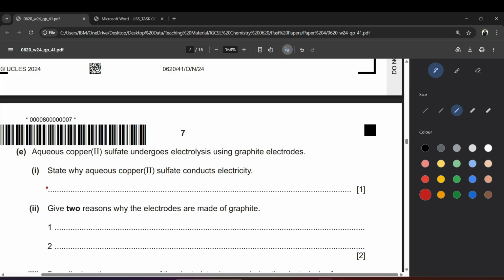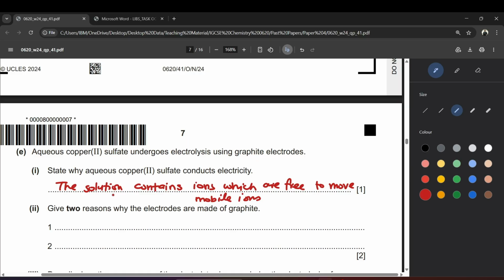So we can say that the solution contains ions which are free to move. Or you can also say that the solution contains mobile ions. So instead of writing this, you can also write that.